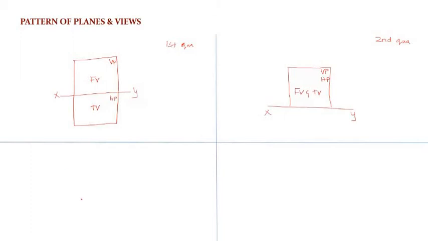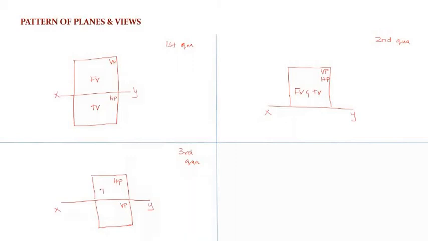Okay. So when you move to the third quadrant, this will be my reference line, and if you rotate, your horizontal plane will be above the reference line and the vertical plane will be below the reference line, something like this.